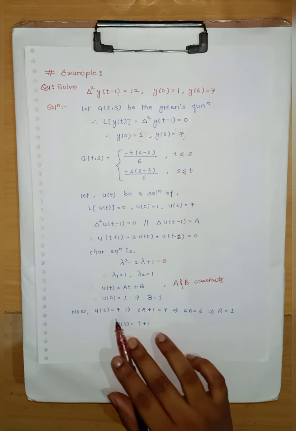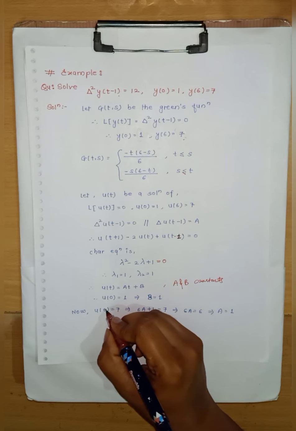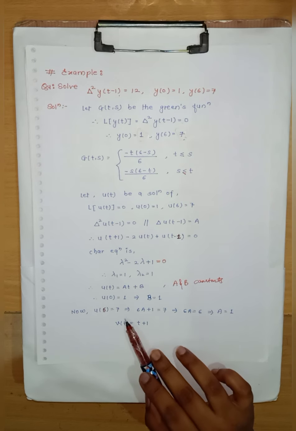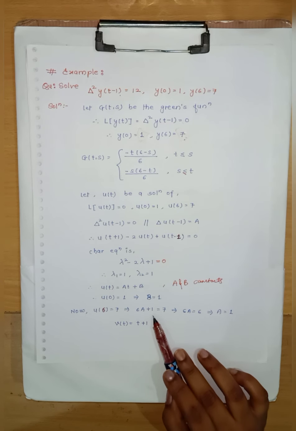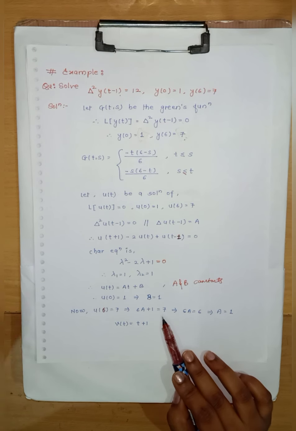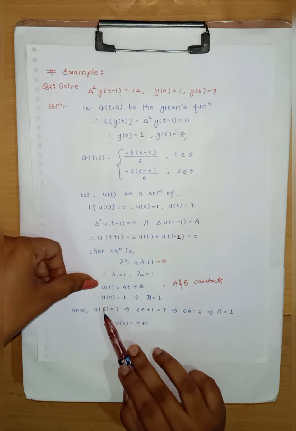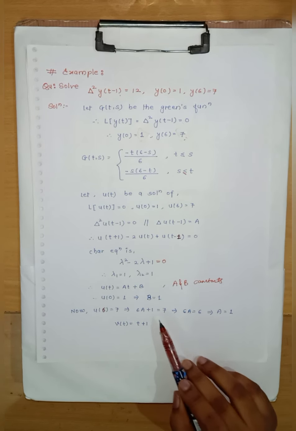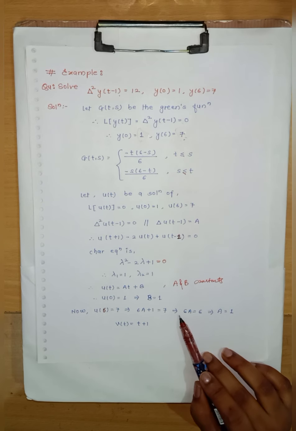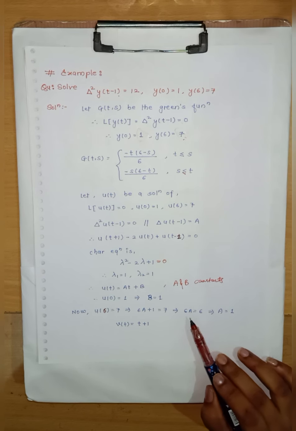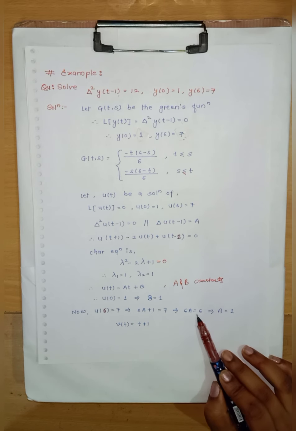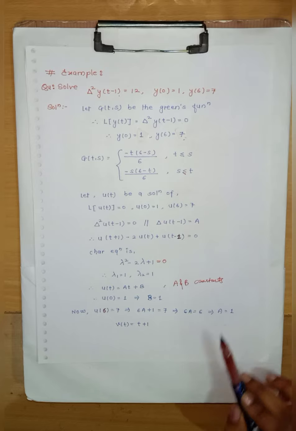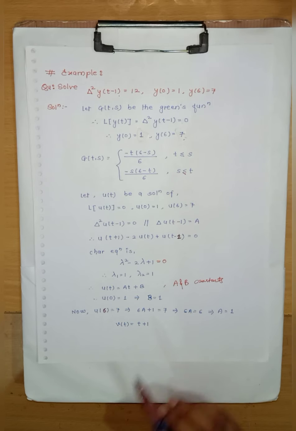Now u(6) = 7. In this equation, we have to put 6 in the place of t. We get 6a + 1 = 7. That implies 6a = 6, and it implies a = 1, so u(t) = t + 1.